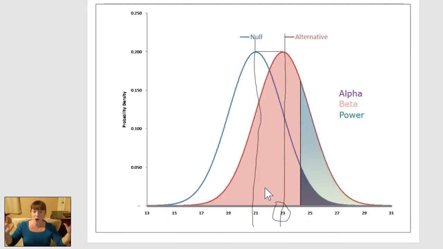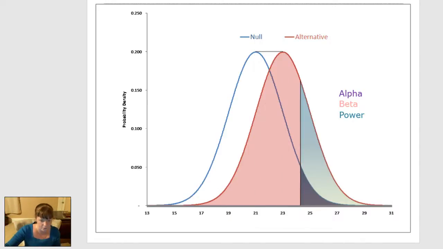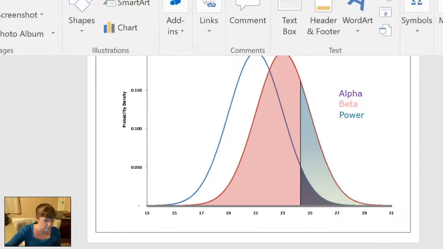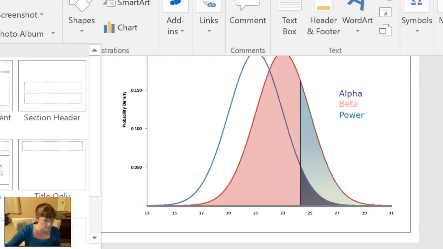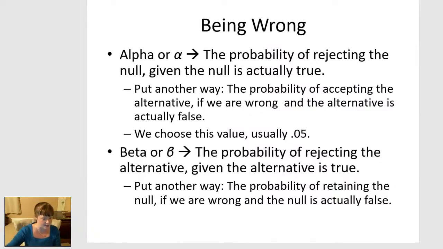Now you could actually draw these as separate distributions on totally separate graphs. And you can do that if you want. So let me draw that for you. You could do it like this.